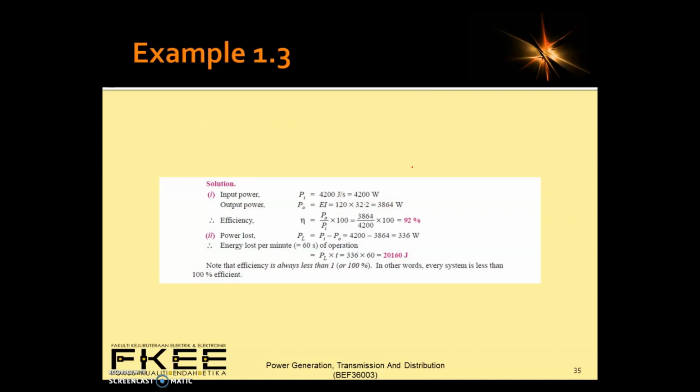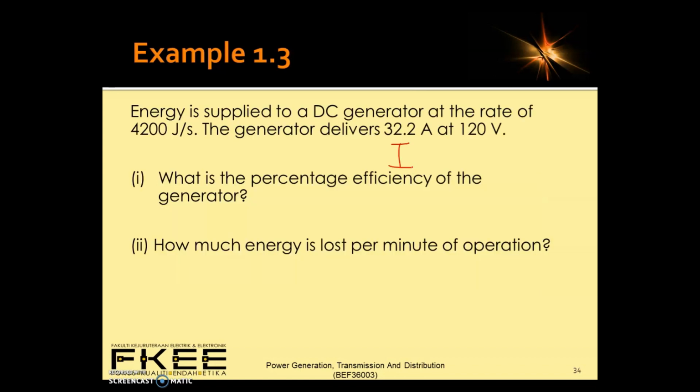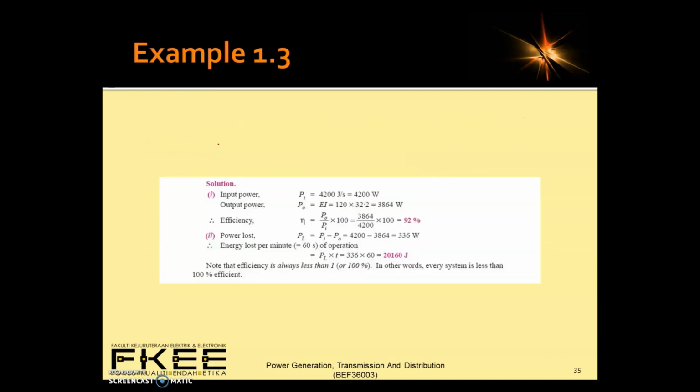First we have to know that the input power Pi is this one. So input power is 4,200 joules per second, which is equivalent to 4,200 watts. Joule per second is watt.